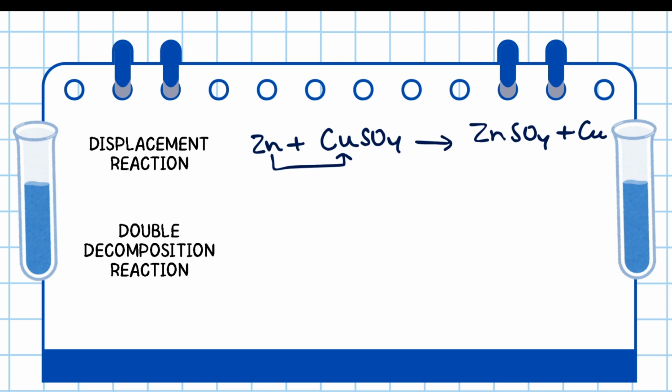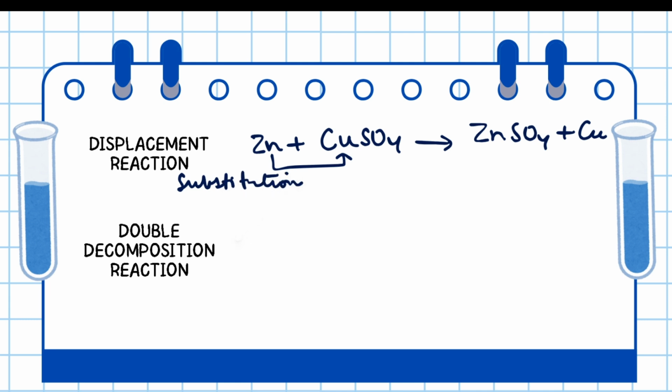So metals which are placed higher in the reactivity series are much more reactive, and they displace the metals which are placed below them. So this is the same thing that is happening in a displacement reaction. Zinc has displaced copper from copper sulfate, forming a new substance, that is zinc sulfate and copper. Okay, displacement reaction is also called the substitution reaction.